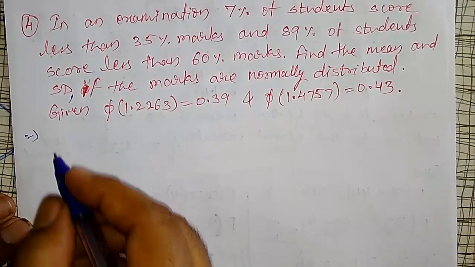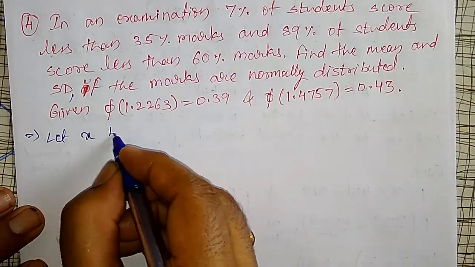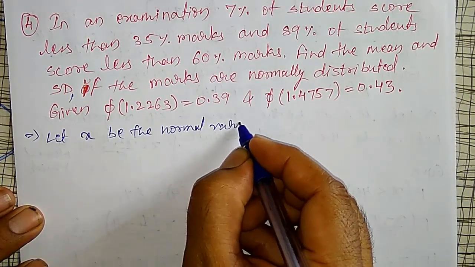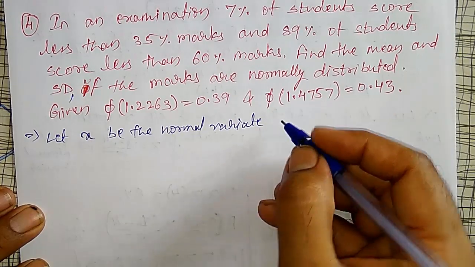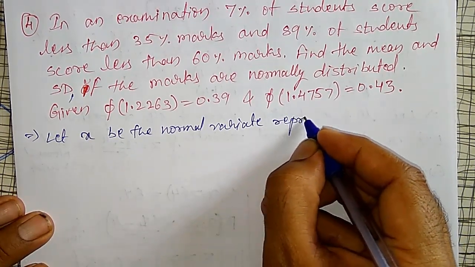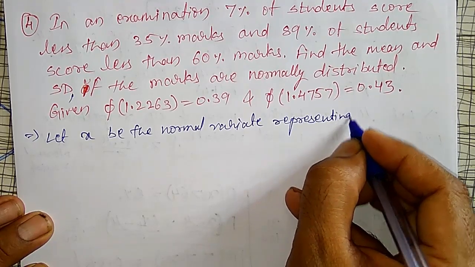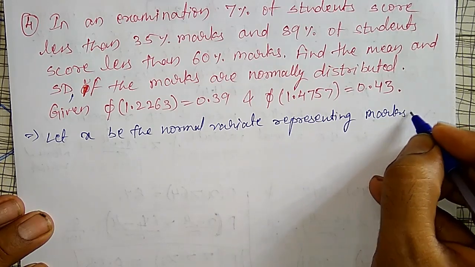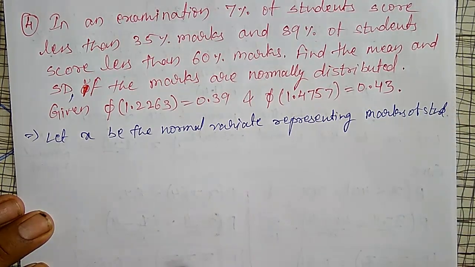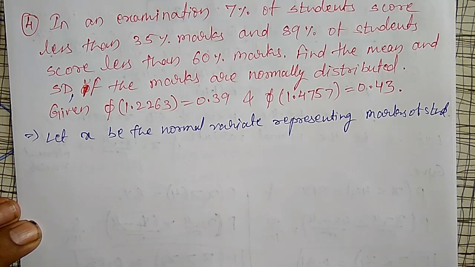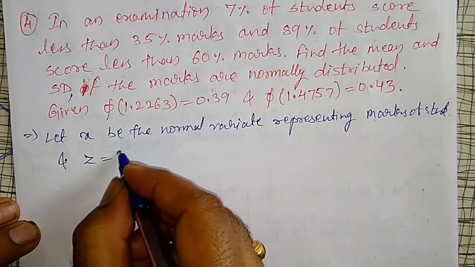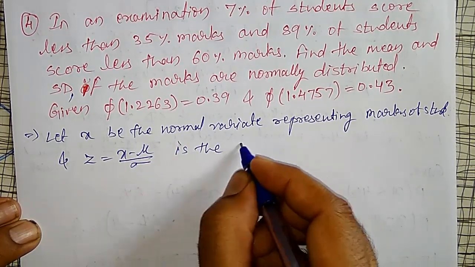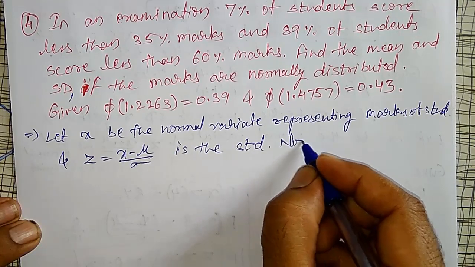Let x be the normal variate representing the marks of a student, and z equal to x minus mu divided by sigma is the standard normal variate.